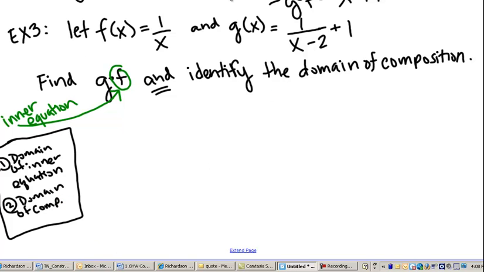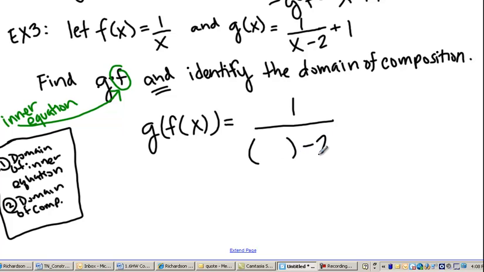Okay, so let's start back at the beginning. First, let's just find the composition. So we have g of f of x. I'm going to write g parentheses f of x. Our g value is 1 over our x value minus 2 plus 1.